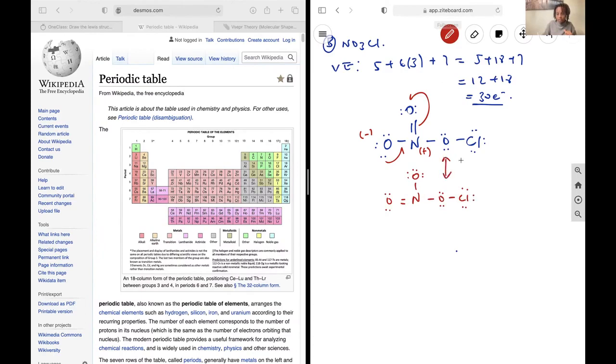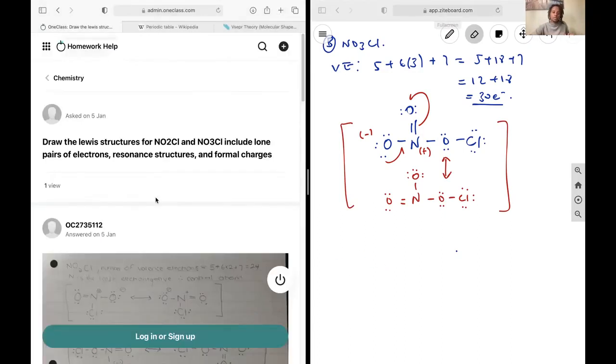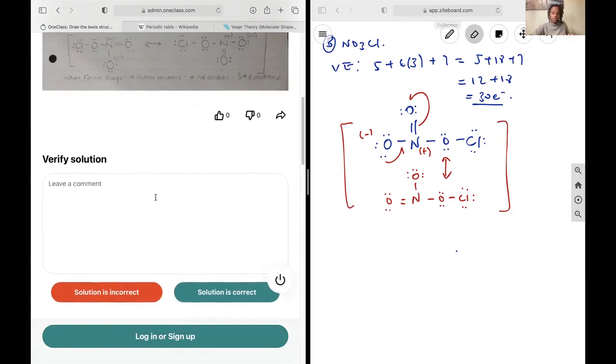And then to show the resonance, I just have that sign in between them. It would usually be horizontal, not vertical. I just wrote it this way because that's how I drew it out on the page. And that is going to be it for this question.